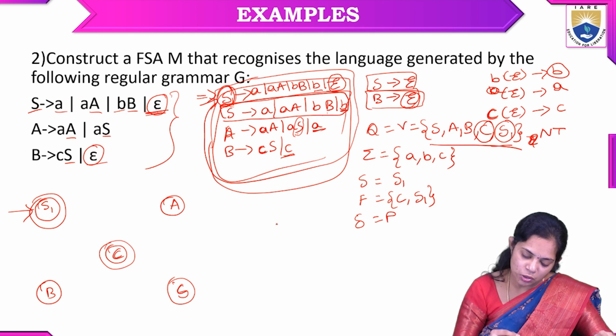S tends to A, so that is represented as the transition of S, A, which is equal to a final state, that is C. Why? Because only a terminal is there, that is reaching the final state.